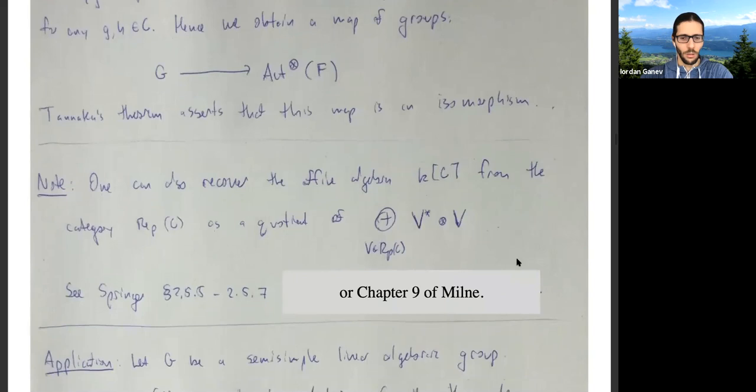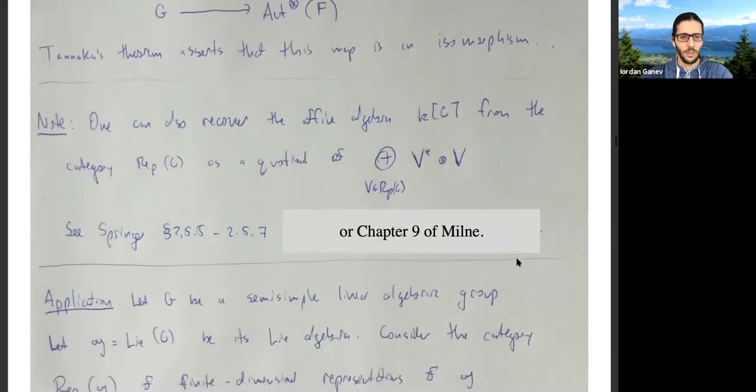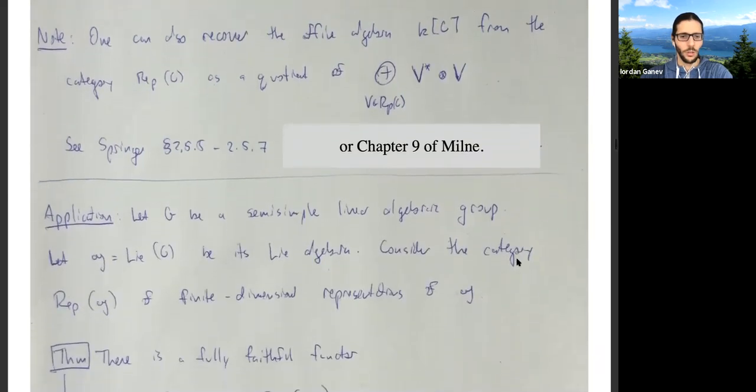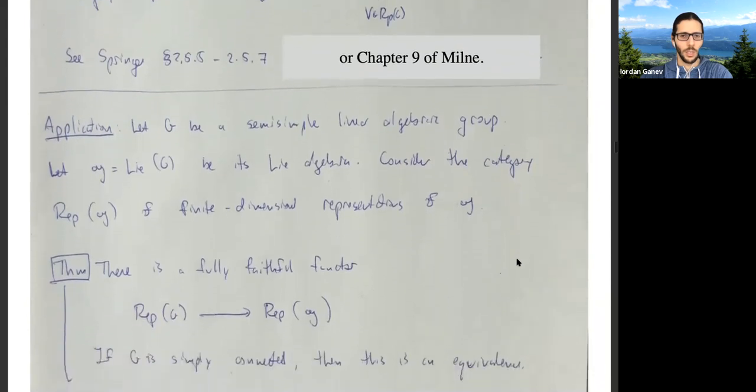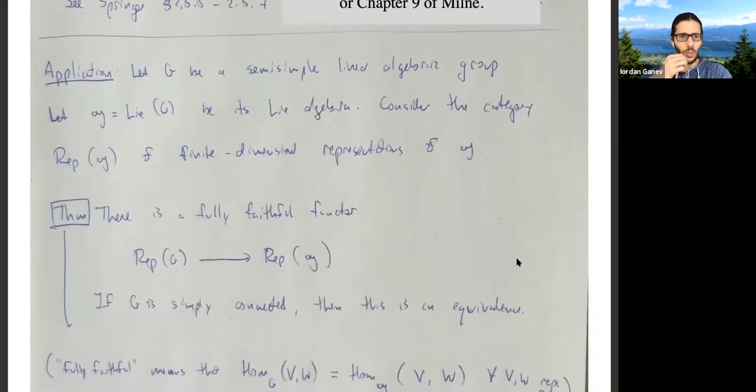Okay, so one application of this idea is the following. Let's consider the semi-simple case. So G is a semi-simple linear algebraic group, and we have its Lie algebra, frak g. Then we have the category of finite dimensional representations of the Lie algebra.